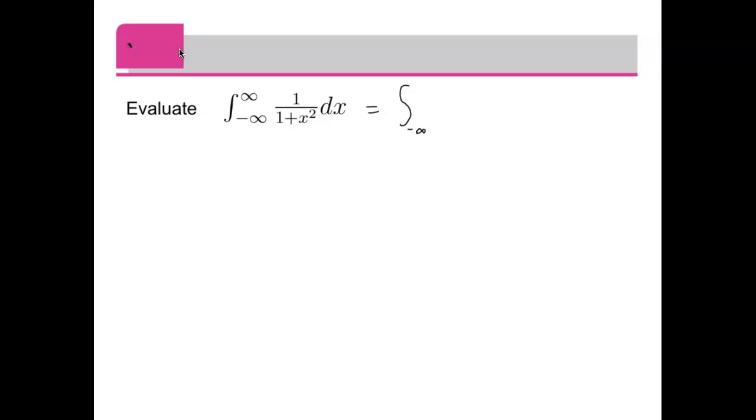I'm going to go negative infinity to 0 of 1 over 1 plus x squared, plus 0 to infinity of 1 over 1 plus x squared dx. But I could have literally chosen any number.